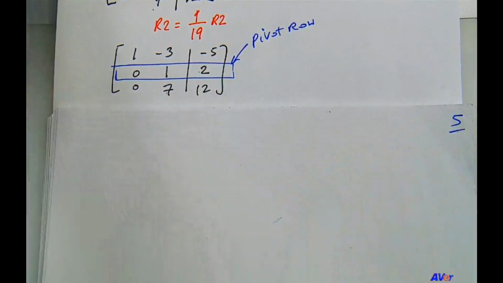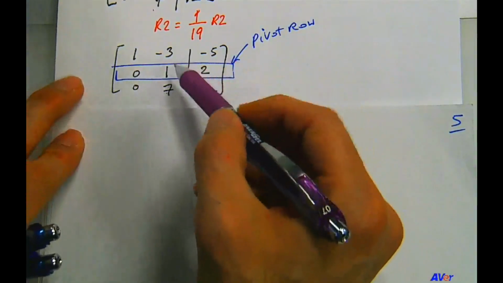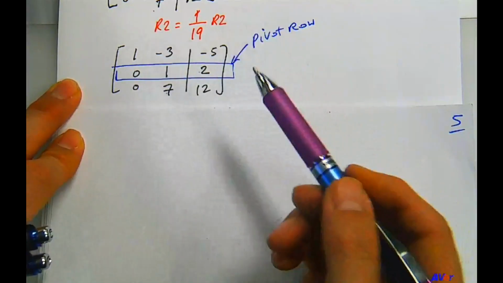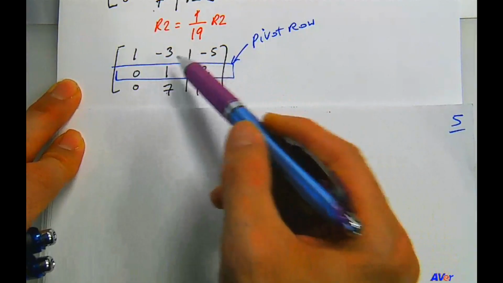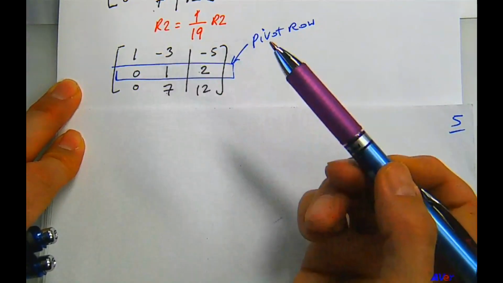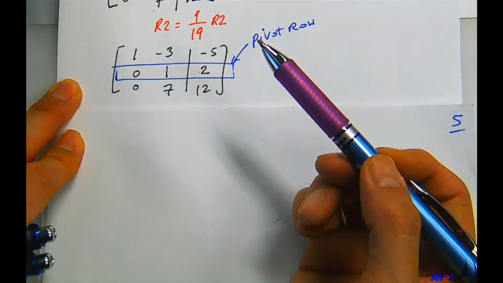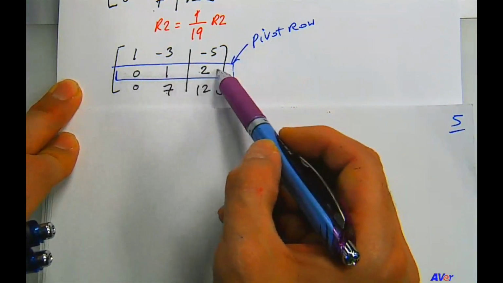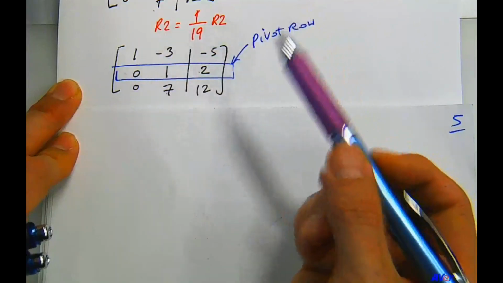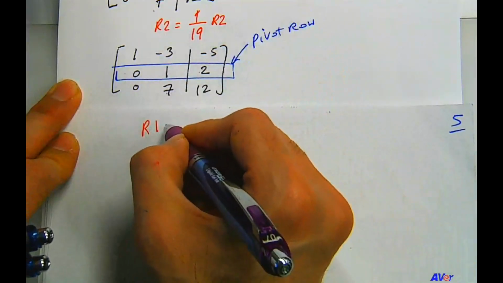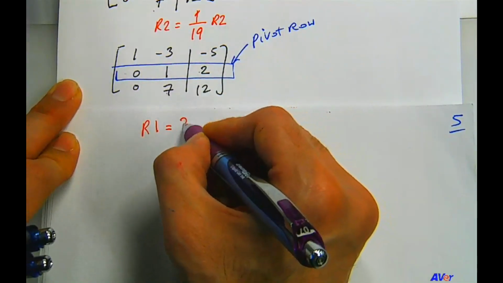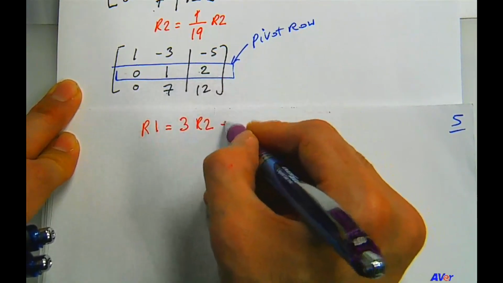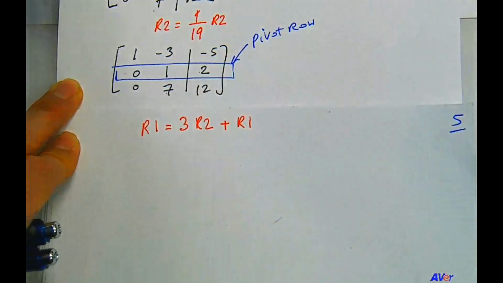Okay, so to convert this -3 to 0, all we need is a +3 to add to this, right? So where is this +3 going to come from? It's going to come from multiplying the pivot row by 3 and adding it to row 1. So row 1 is equal to 3 times row 2, which is the pivot row, plus row 1.